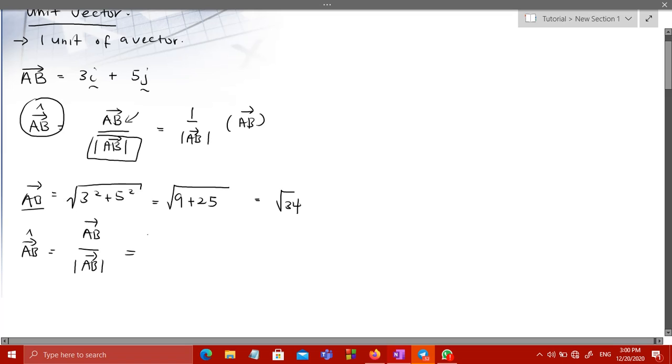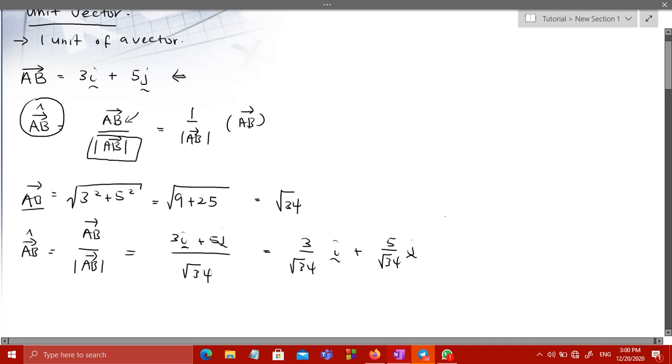So AB is given by this, which is 3i plus 5j divided by square root of 34. So this is 3 over root 34 i plus 5 over root 34 j.